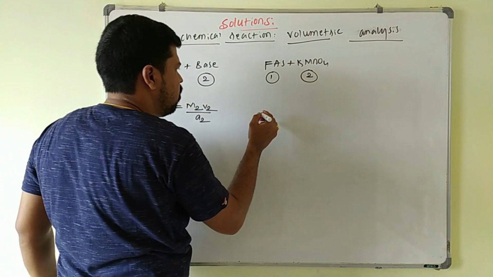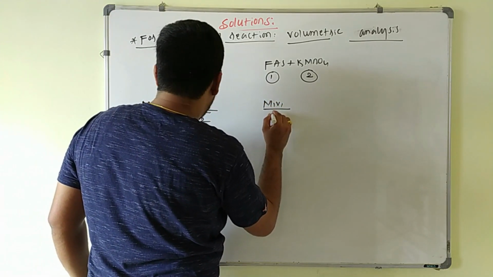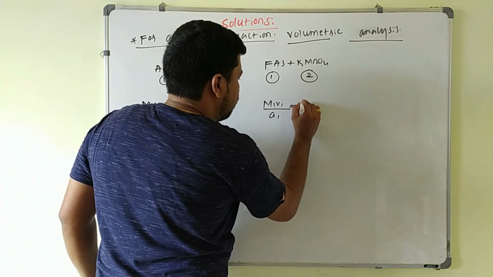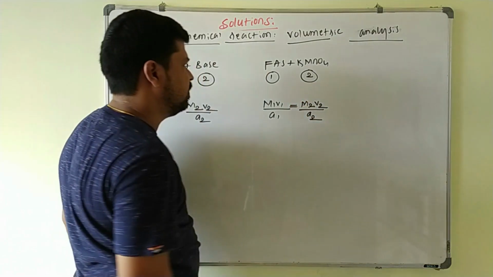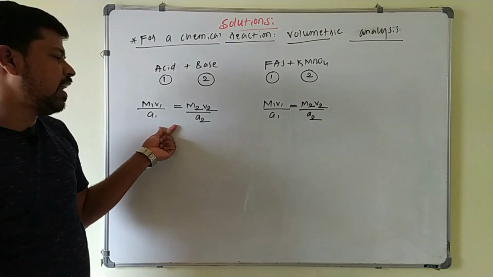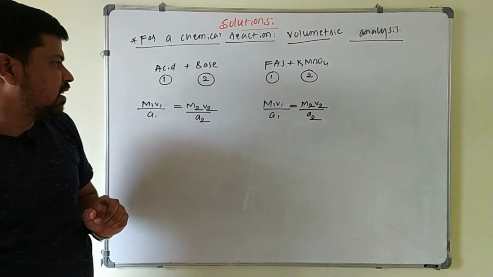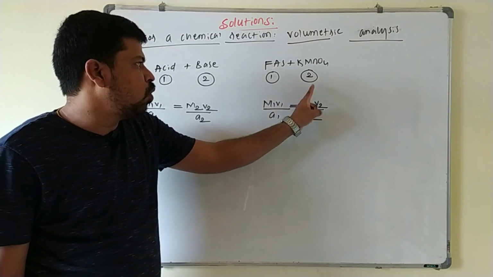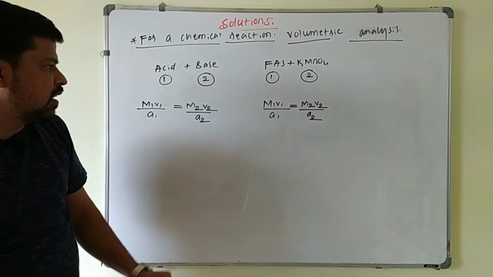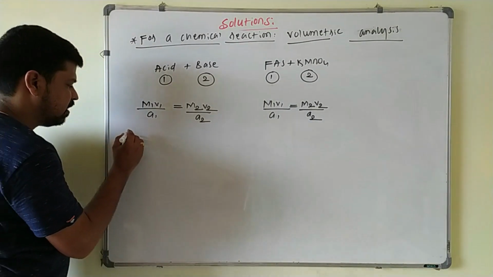Same formula you have to apply: M1 V1 by A1 is equal to M2 V2 divided by A2. This formula can be used for the acid-base reaction as well as redox titration. Here 1 corresponds to FAS and 2 corresponds to KMnO4. In both cases, A1 and A2 are stoichiometric coefficients.